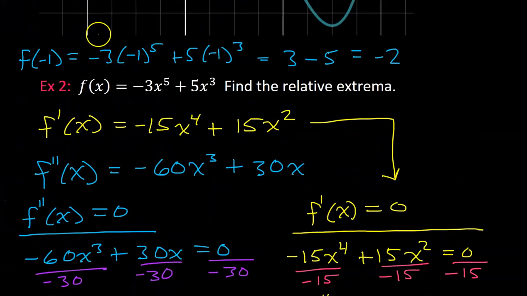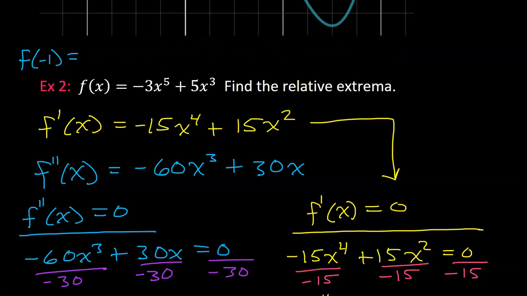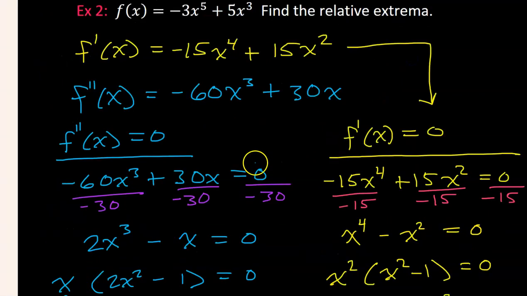So let's just switch that out for positive 1. That'll give us negative 3 times 1 to the 5th power plus 5 times 1 to the 3rd power, which of course will just be negative 3 plus 5, which is positive 2.